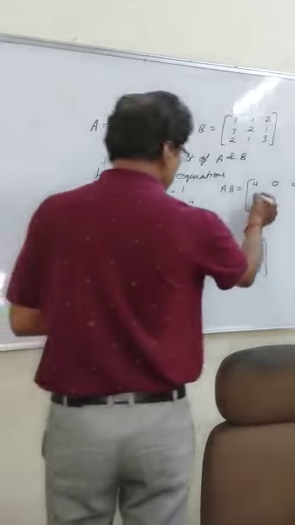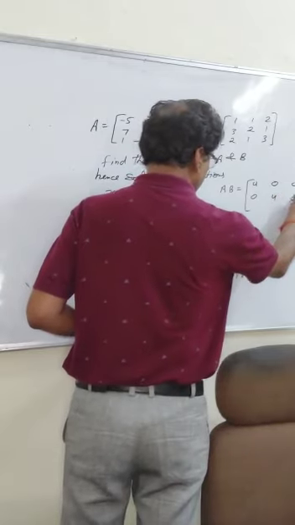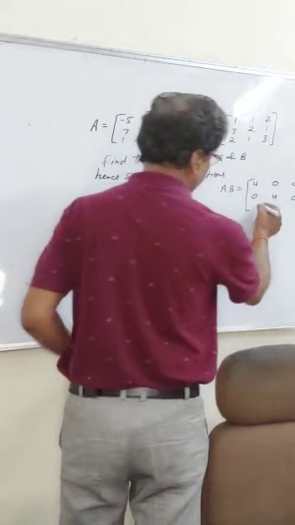Here it is again 0, 4, 0. And then you have 0, 0 and 4.